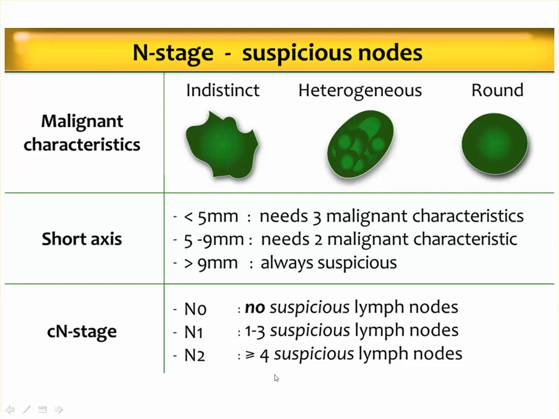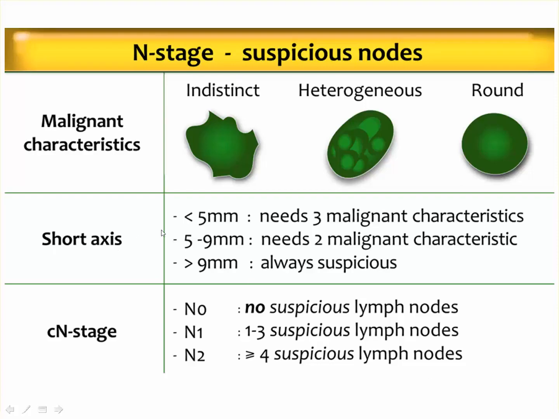Then you have three major parameters for nodal suspicion of malignancy. Number one, irregularity of the margin. Number two, heterogeneity of the signal. Number three, rounded shape. You know that the normal node is more or less kidney shaped. The short axis means that you measure the narrow distance of the lymph node margins.